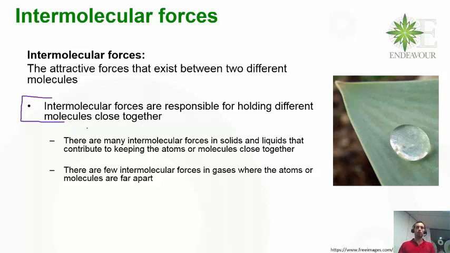So later on, we're going to be relating this to our different states of solid, liquid, and gas, and look at the relative amounts of these forces that basically hold the whole thing together. So in general, a solid will have a lot of these intermolecular forces because the solid is made up of atoms and molecules that are very tightly packed. Hence, all the atoms are close together. Whereas a gas is the opposite. Very few intermolecular forces because the molecules and atoms are so far apart from each other.